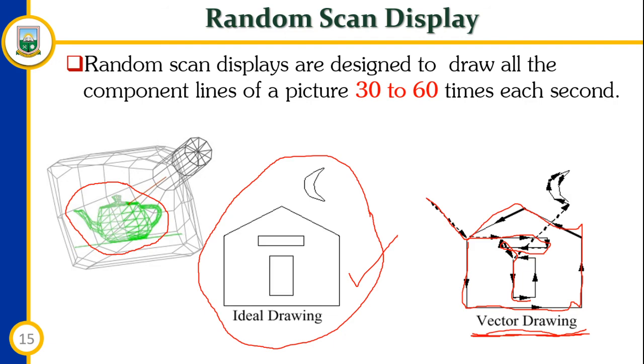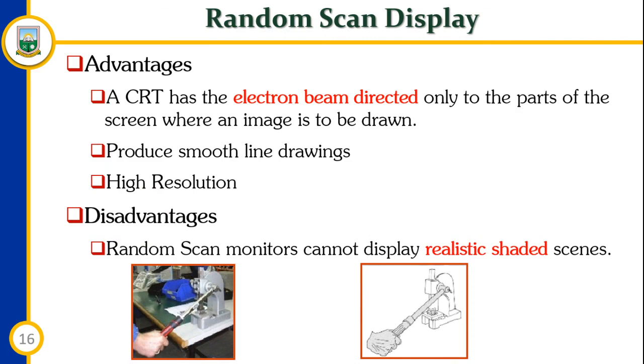Of course, the random scan also has some advantages and also disadvantages. For an advantage of the random scan, we have a CRT that has an electron beam directed only to the part of the screen where the image is to be constructed.